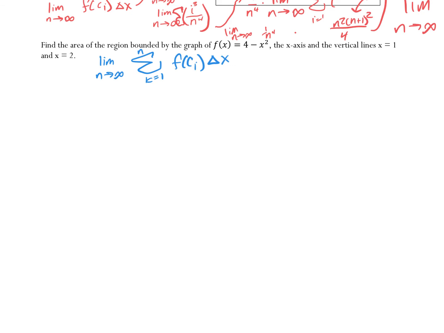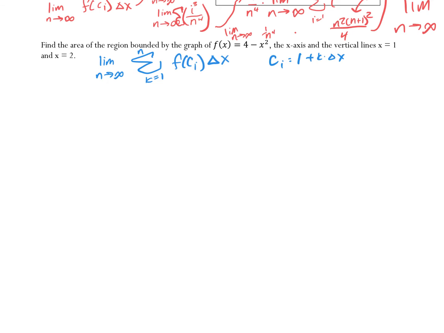Now, in this case, what is ci? A plus k times delta x. Sure, but what's a? In this case, a would be 1, because that's the lower boundary of the area I'm trying to find.